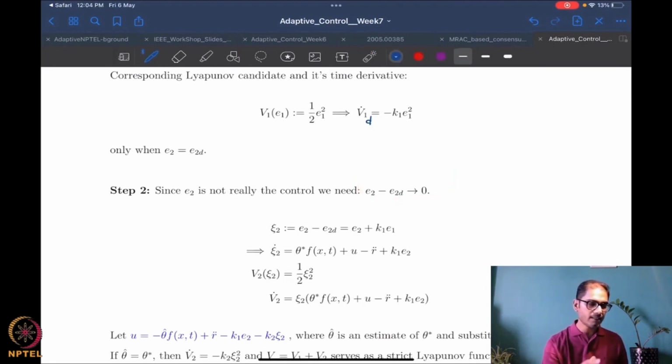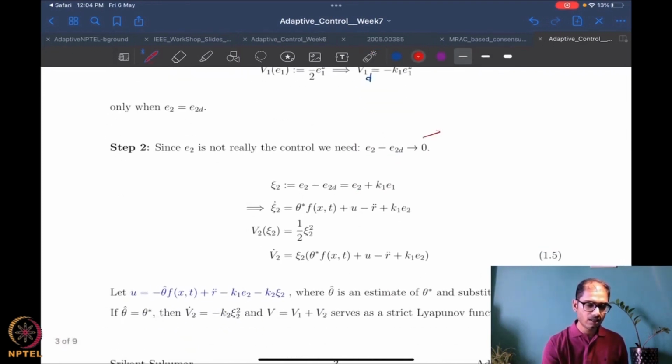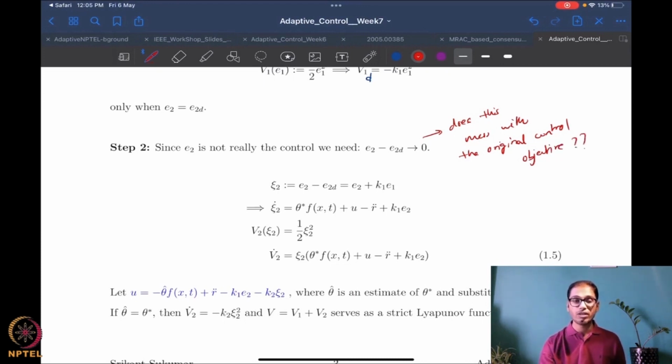Now one might ask, does this mess with the original control objective? Because we were of course trying to go to 0, and now we are trying to go to e2 desired. We will answer this suspense soon.